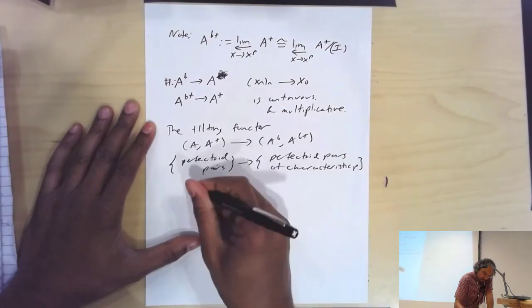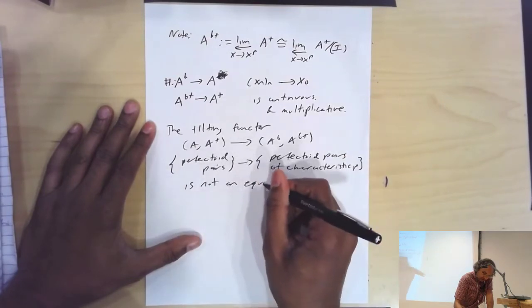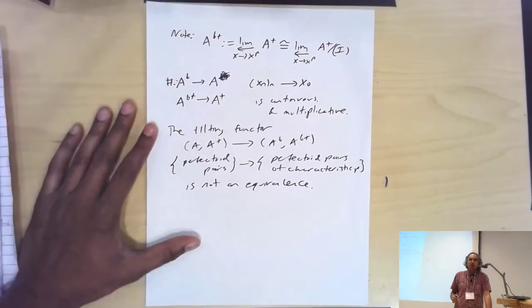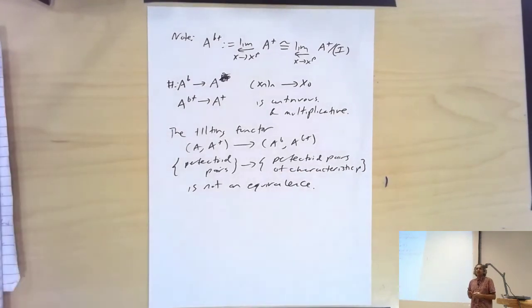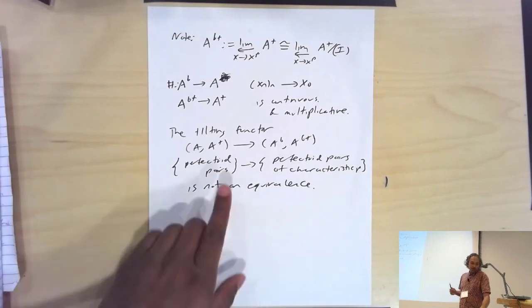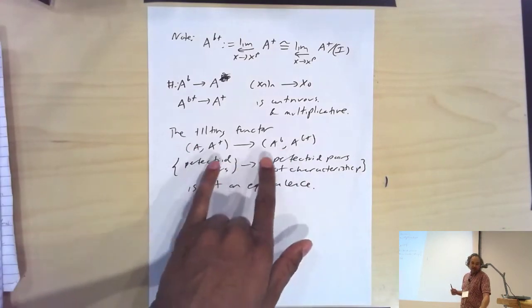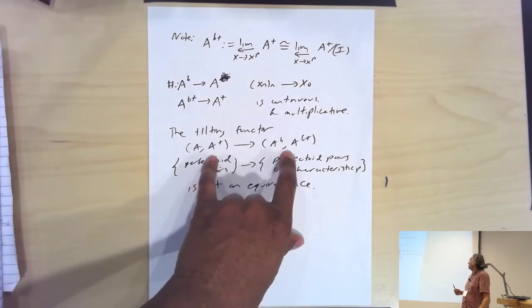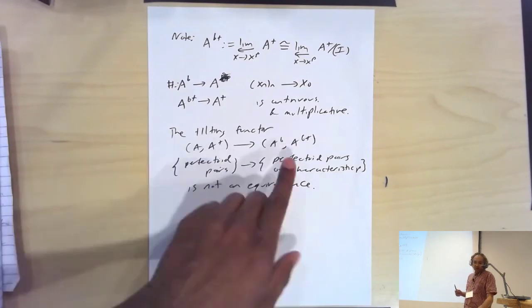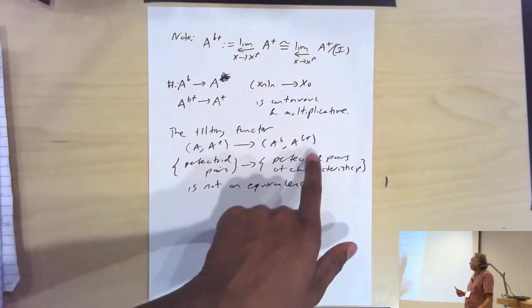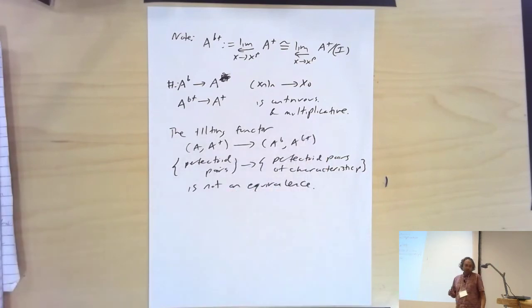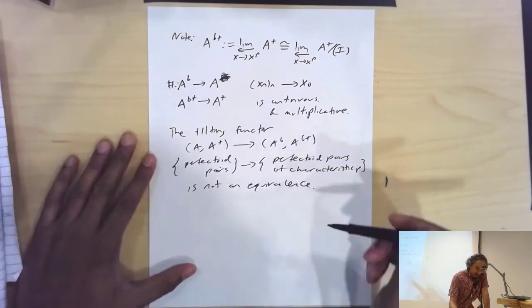So it's not an equivalence. We already saw in Jared's lecture that if you took his two basic examples of perfectoid fields, they tilted to the same ring, the same field. So the way this is written right now, this loses some information, but there is information that you can keep track of over here, which again, Jared talked about.